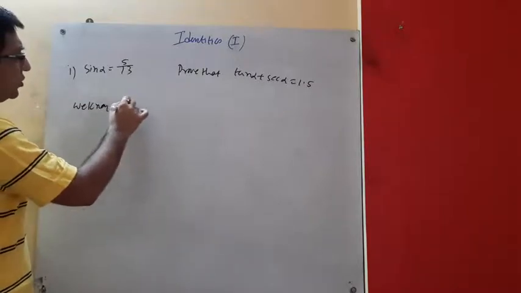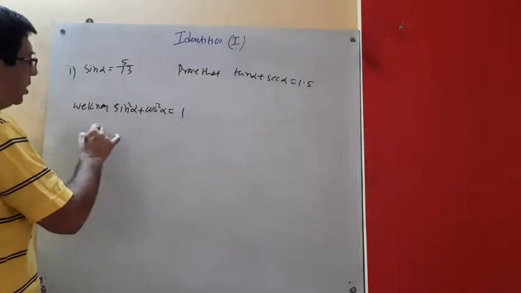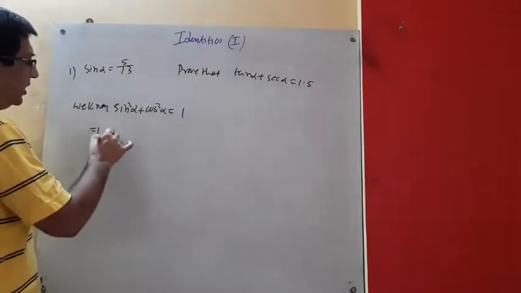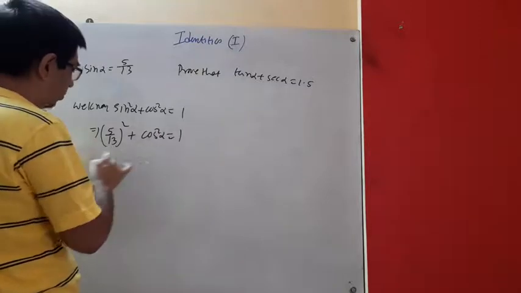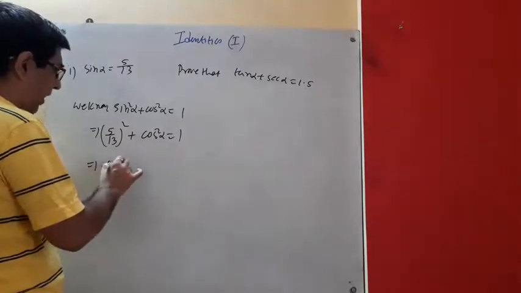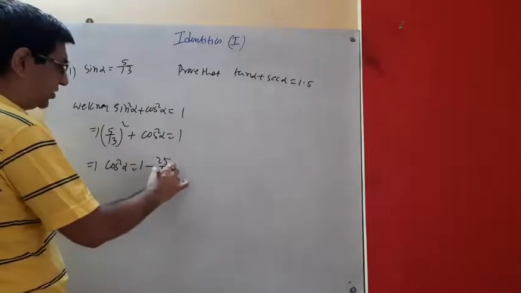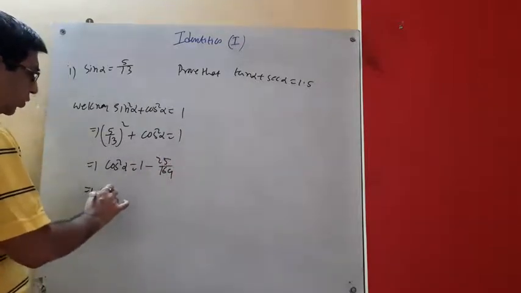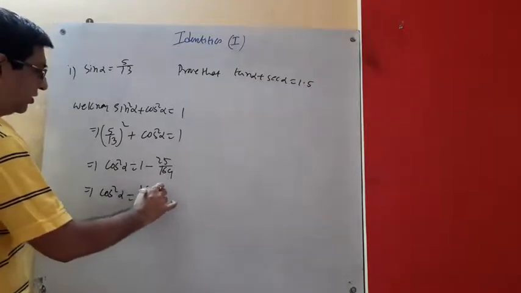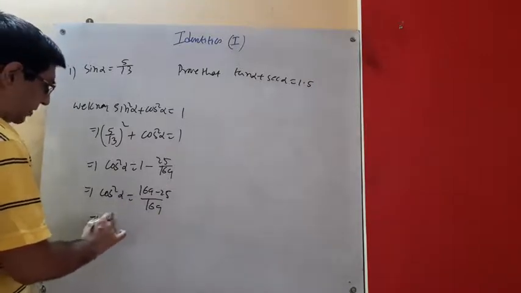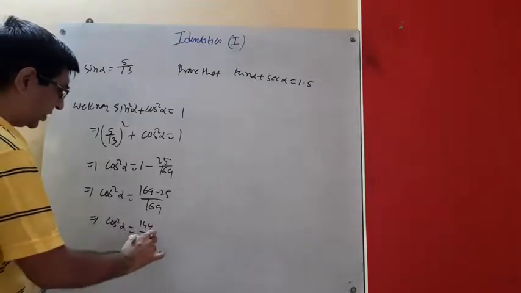sin square alpha plus cos square alpha equal to 1. Putting the value of sin alpha, 5 by 13 squared, plus cos square alpha equal to 1, or cos square alpha equal to 1 minus 25 by 169. 169 is the LCM, so 169 minus 25, that means cos square alpha equal to 144 by 169.